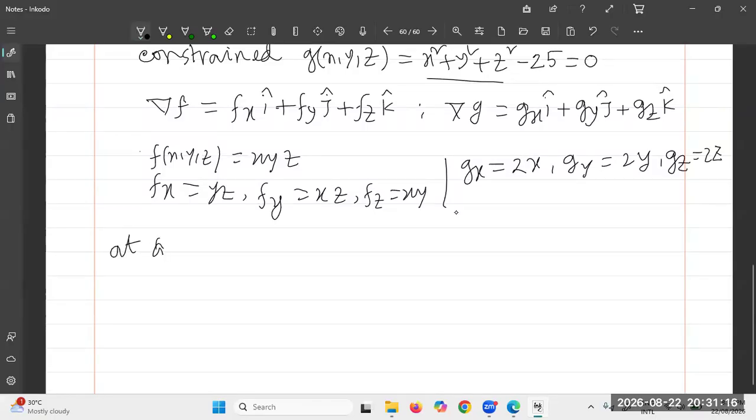So at extreme values, gradient of f is equal to lambda times gradient of g.